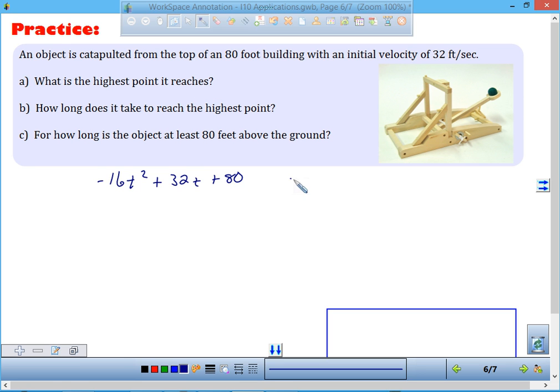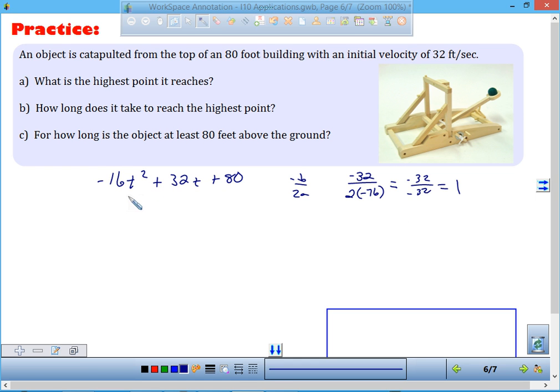So you have to do negative b over 2a again to find the vertex. So we're going to do negative 32 over 2 times negative 16, which is negative 32 over negative 32, which is 1. So I put 1 into our equation.